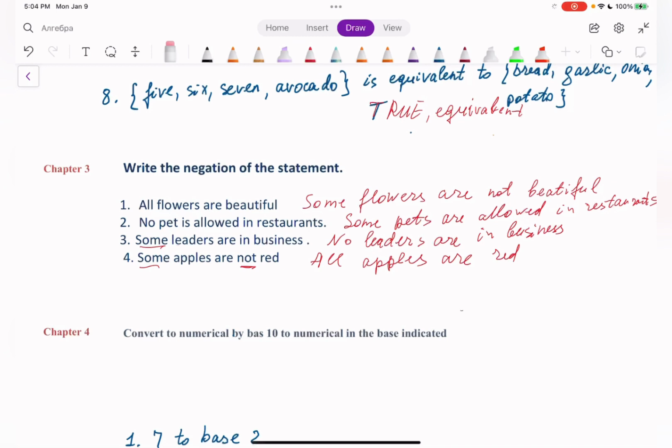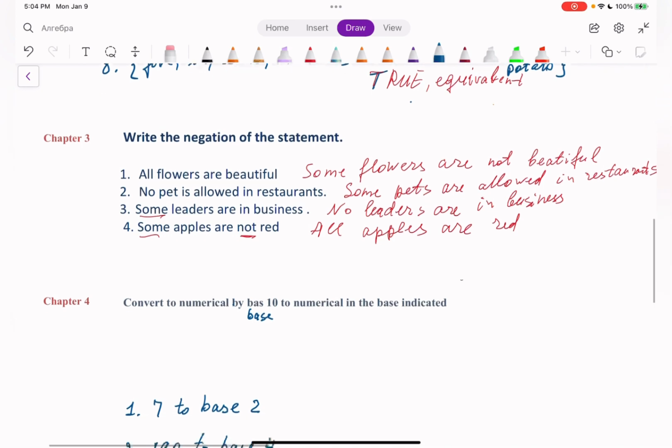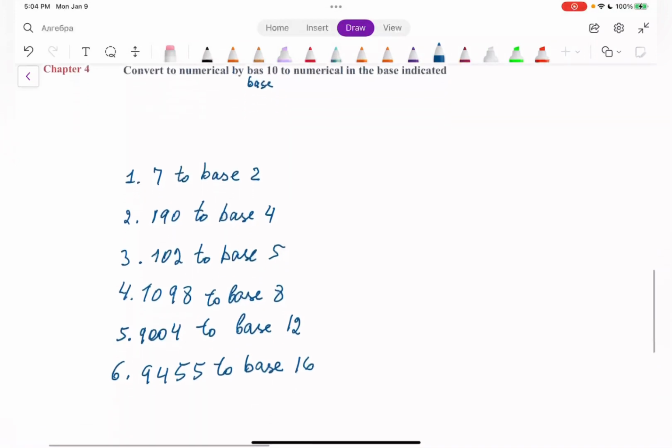Convert to numerical in the base indicated. The thing is, a number can be represented by different bases: 2, 3, 4, 5, 7, 8, and so on. So how do we represent numbers by different bases? This is what we're going to do.